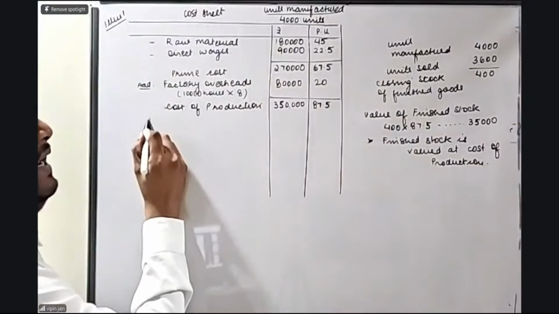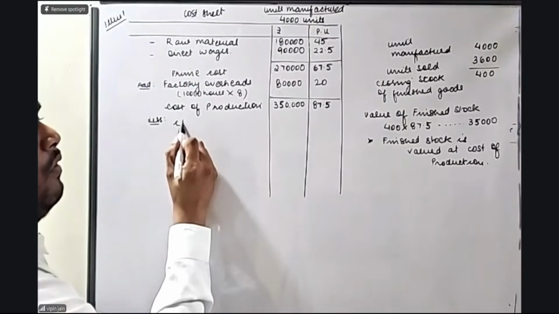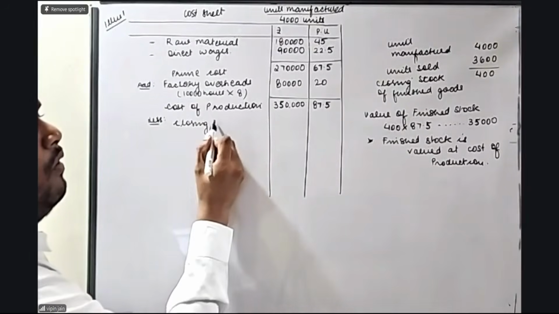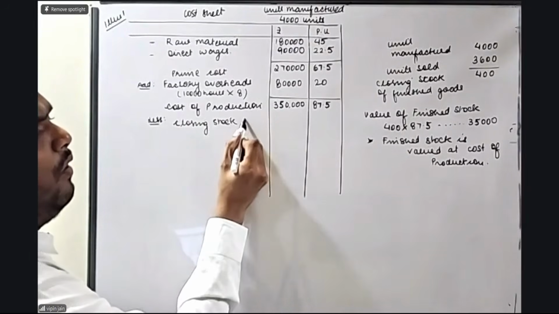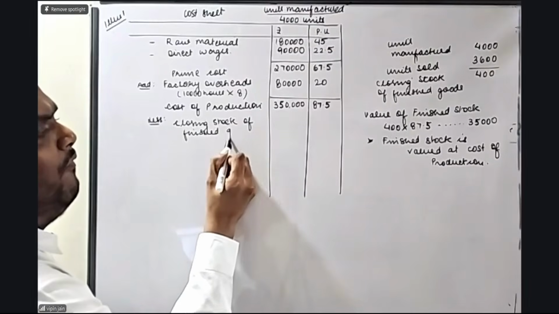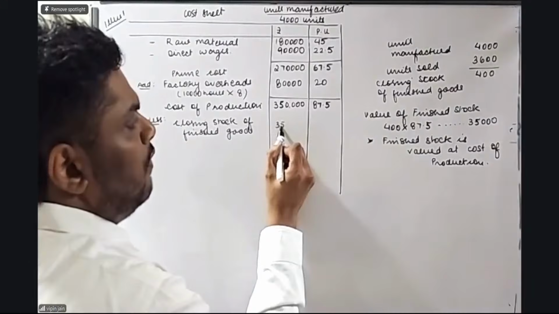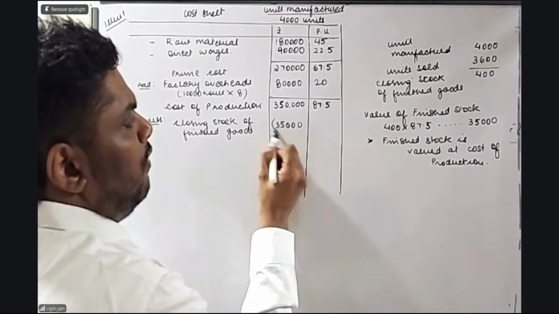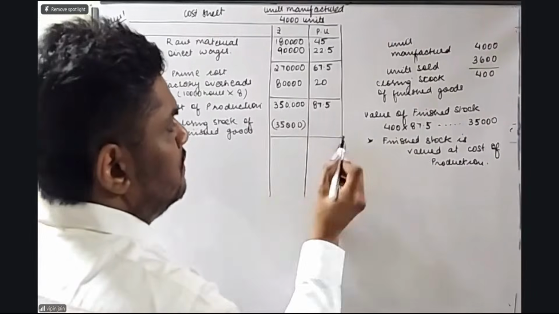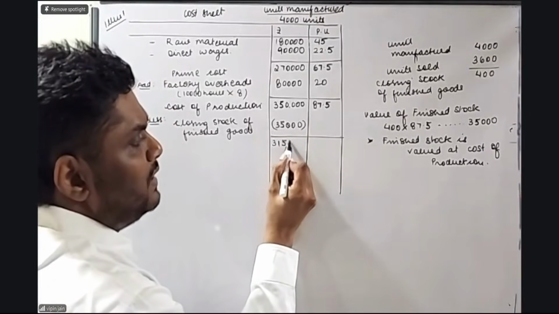So we will subtract closing stock of finished goods, that is 35,000. So this will be 3,15,000.